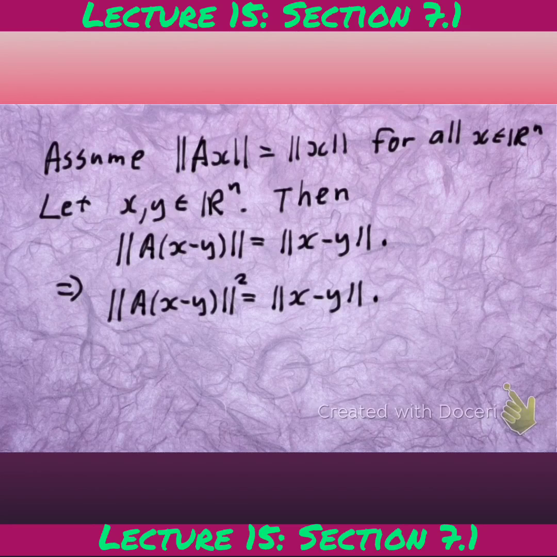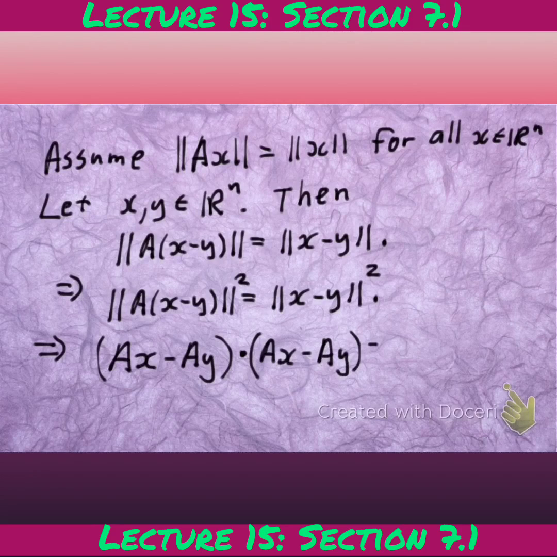That's going to imply that the squares of the two are the same. It's the dot product between these two vectors, AX minus AY, and that is going to be the dot product between X minus Y and X minus Y. Okay, then we're going to apply our dot product rules.